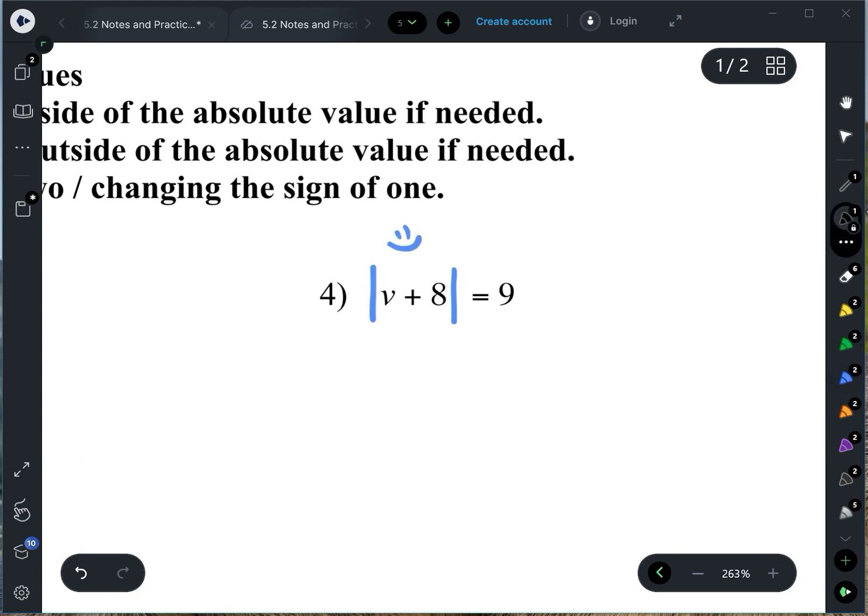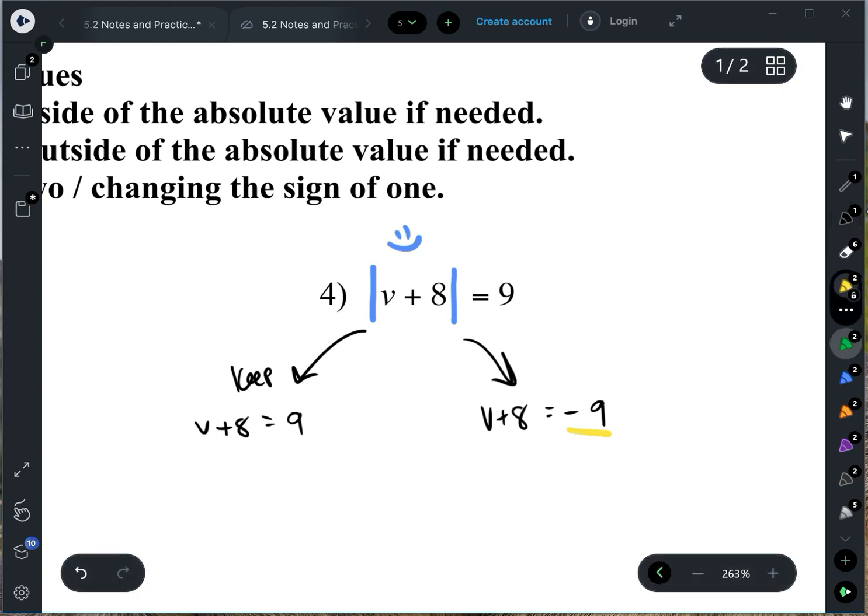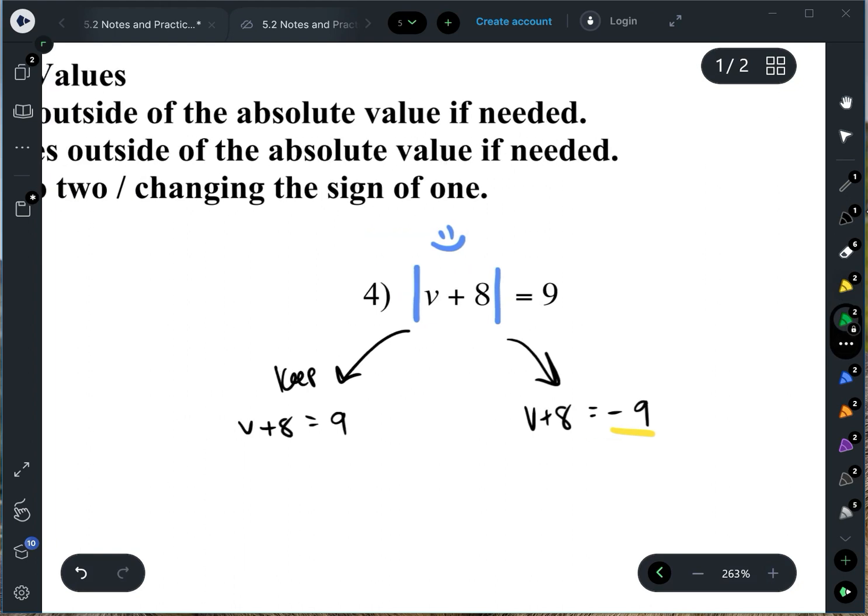Looking at another example, once these bars are by themselves, you're good to split. So we're going to split this into 2 problems. v plus 8 equals 9. That one is kept the same. And another problem is v plus 8 equals -9. There is the switch. Don't change anything about the v plus 8, only the number on the end.